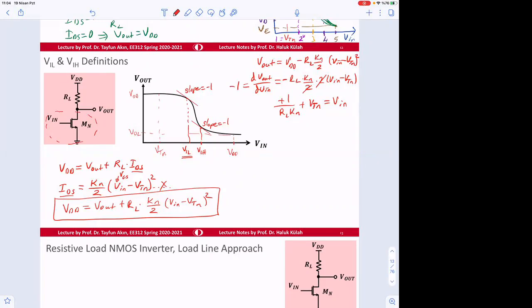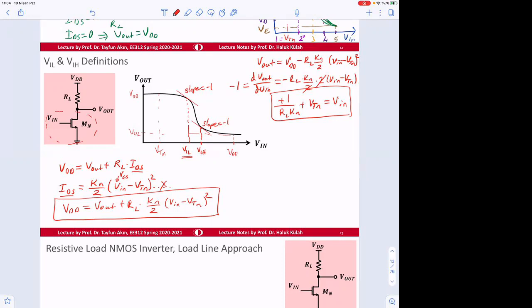So finding this one is relatively easy, but finding input high is not that easy. We need to use partial derivatives. So instead of spending time on this, maybe I will upload the solution.